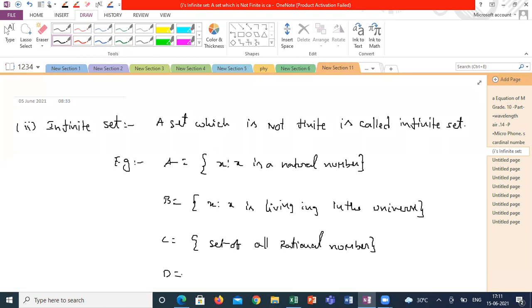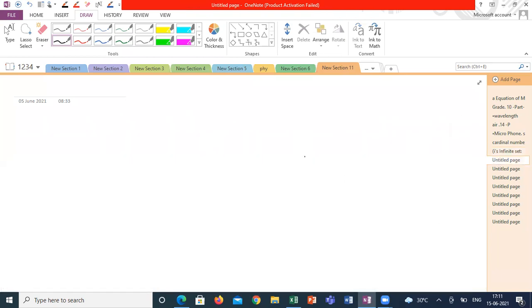Shall I go for the next one quickly? The next one is the singleton set, or unit set. What can you understand from the word singleton or unit? A single element.